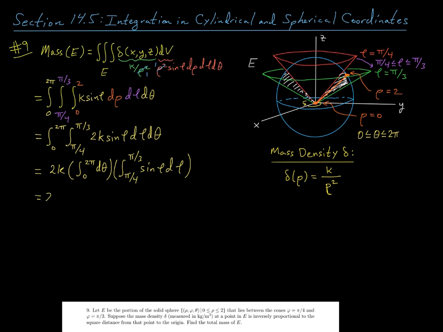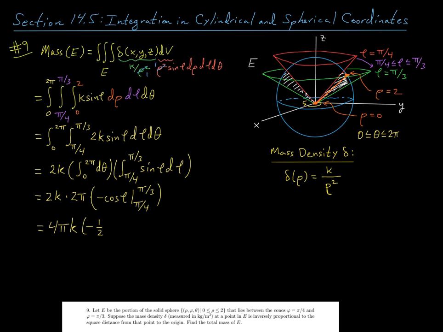Okay, so we're going to get 2k. The theta integral is going to contribute a 2 pi. And then this integral is going to contribute minus cos phi evaluated from pi over 4 to pi over 3. And this is going to give us 4 pi k. Plugging in pi over 3, the cos of that is a half, so this is going to be minus a half.